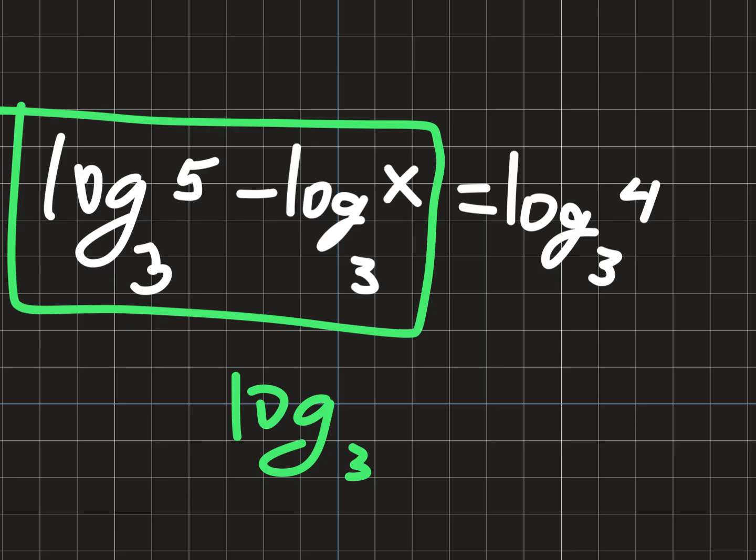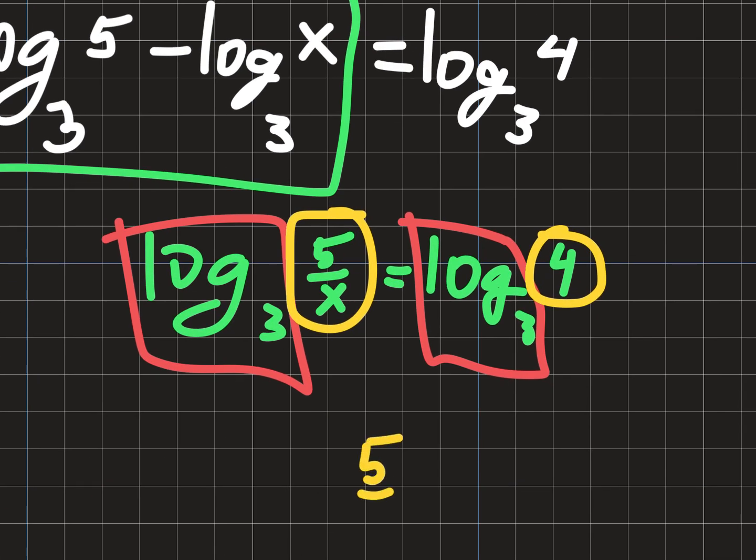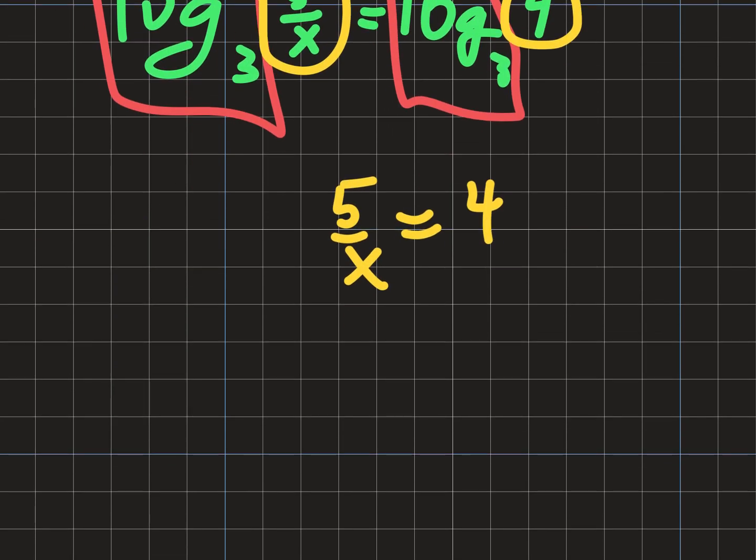What do you say? 5 over x is correct. Equals log base 3 of 4. And since these are the same, then this equals this. 5 over x equals 4. And then you can solve that.